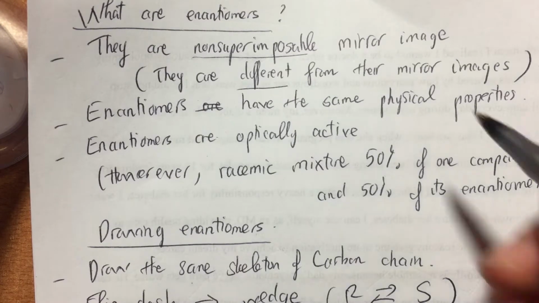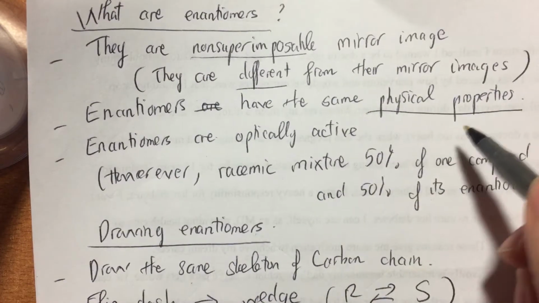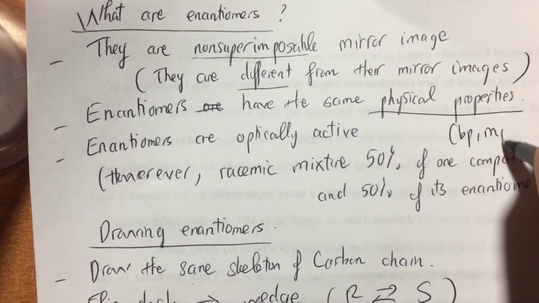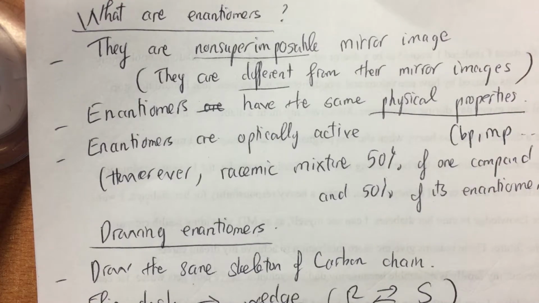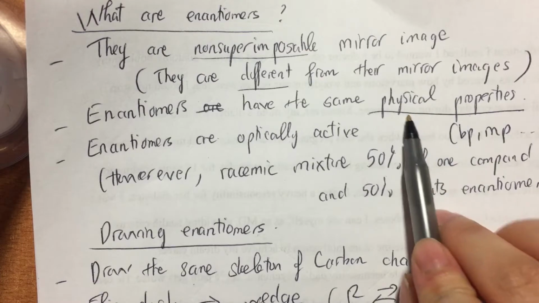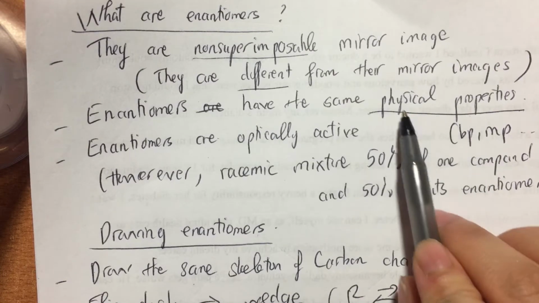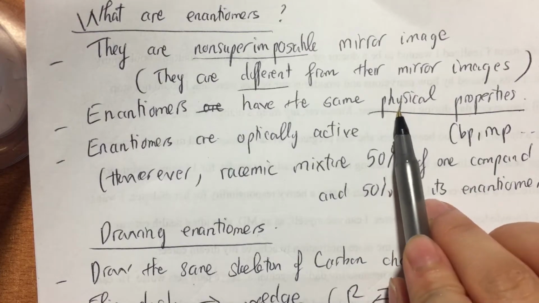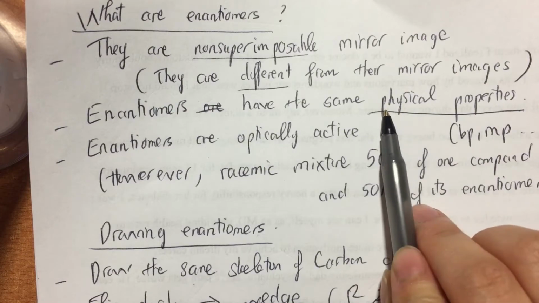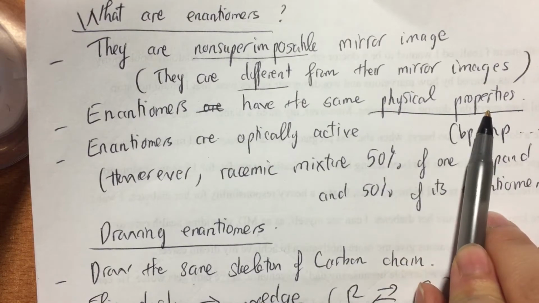That's why they have the same physical properties. Physical properties here are things like boiling point or melting point, or it can also be solubility. They are the same because they have the same arrangement in space, so they have the same intermolecular interactions, leading to the same physical properties.